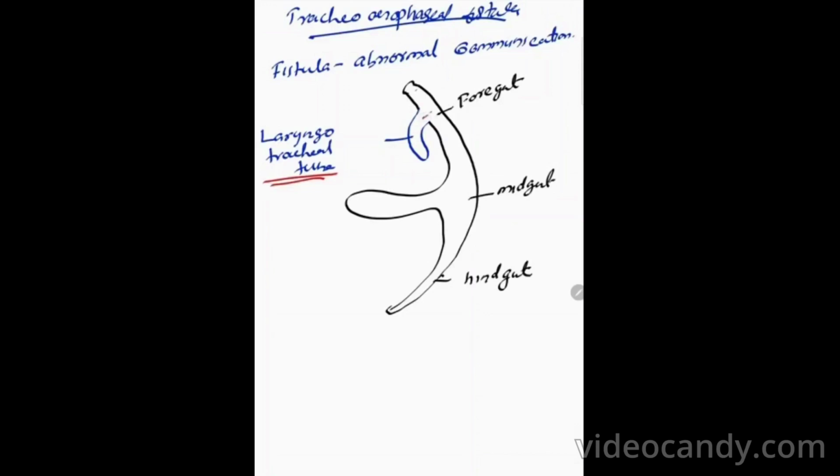Now if I make a cross section like this, you can see posteriorly we have the cavity of the foregut, from where the esophagus develops, the developing esophagus, and anteriorly the laryngotracheal tube.